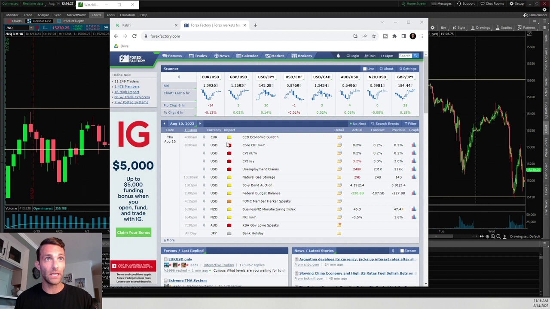And as you can see, August 10th, the core CPI month over month, the CPI month over month, and the year over year, that was the information that was going to be announced. And that's what was going to cause that elevated volatility on the day. So it's always a good idea to go to forexfactory.com, see what kind of economic events are going to happen that day, and then that's when you can go into Kalshi and structure some trades using strategy around those events.